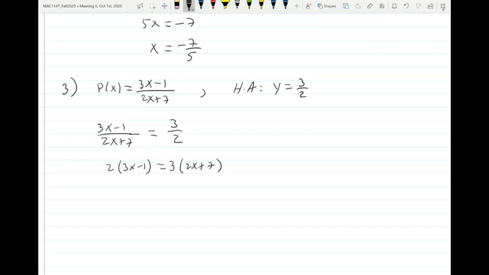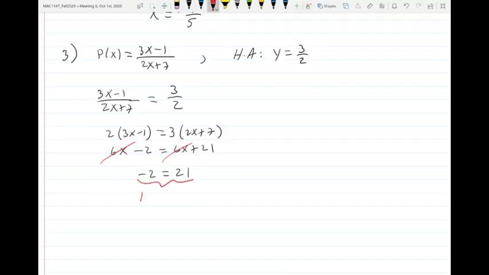And now we solve. So we get 6x minus 2 equals 6x plus 21. We already see something fishy here. The 6x cancel out, so we get the statement that negative 2 equals 21. And this is certainly a false statement. So what does that mean? It means that this equation has no solution.